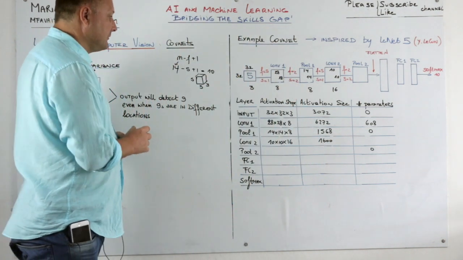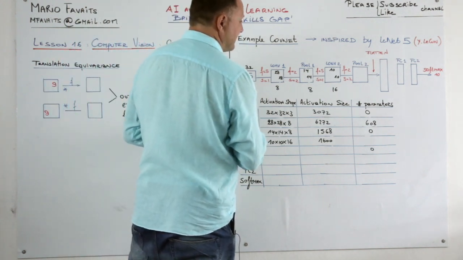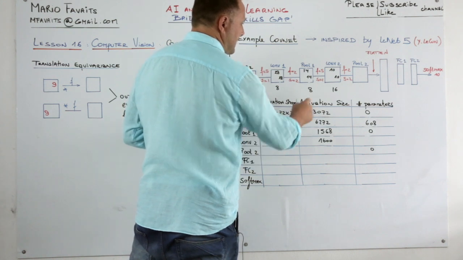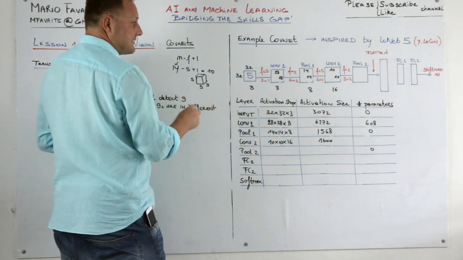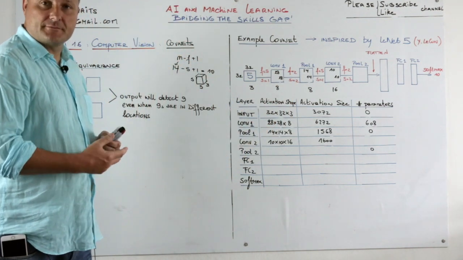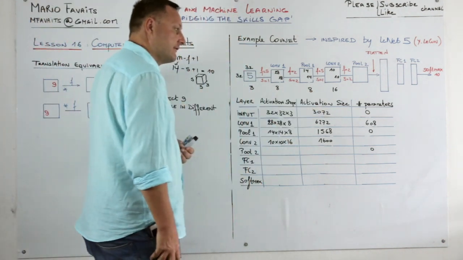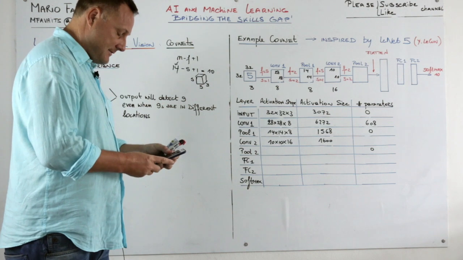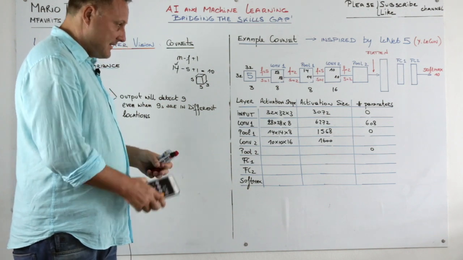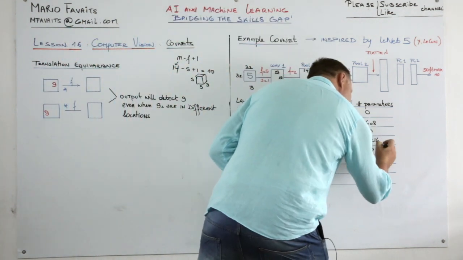And the number of parameters is 76 again, because it's 5 times 5 times 3 plus 1 is 76, but now we have 16 filters, so it's 76 times 16, which is 1216 parameters.